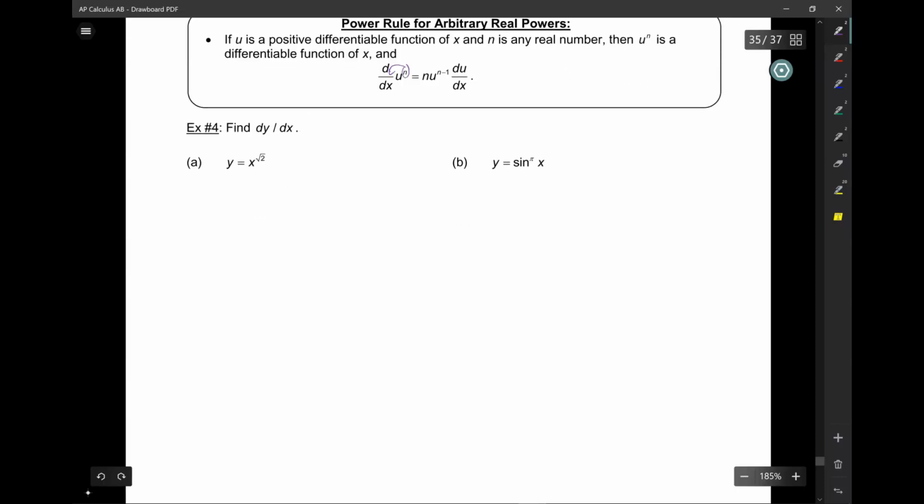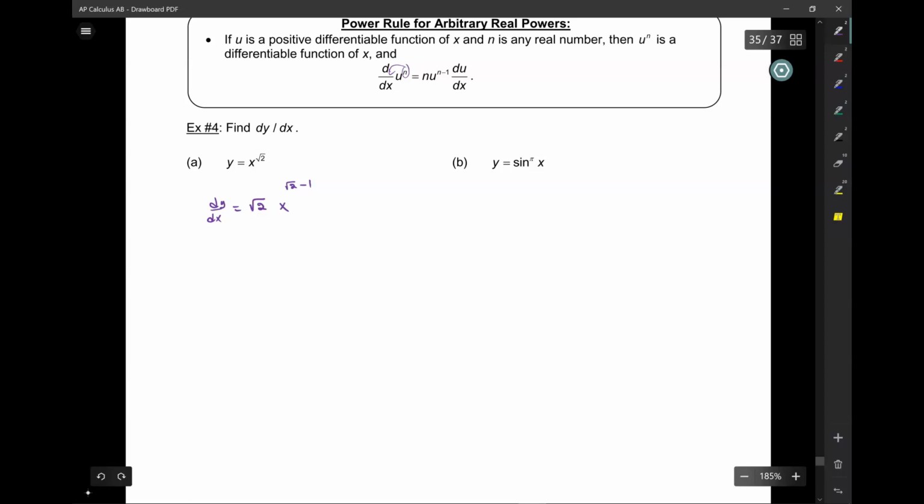So here, dy dx is, the exponent will drop, so it's root 2 x to the power of root 2 minus 1. That's it, right? Because what's root 2? It's 1.4. And what's the difference between that and 5? Nothing, right? Math doesn't discriminate between numbers like that. So the process will be the same.